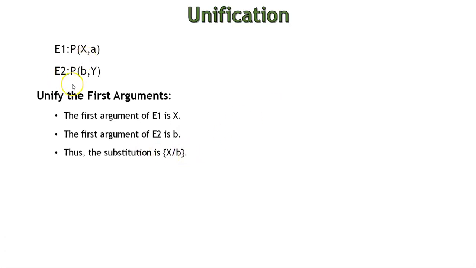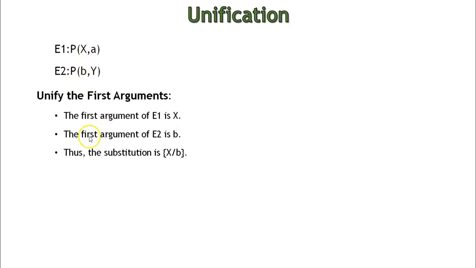The first argument of E1 is x, and E2's first argument is b. Now, how can we make these two expressions identical? By substituting x as b.